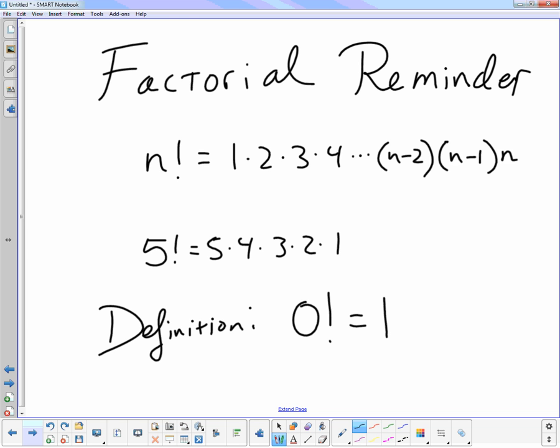Zero factorial is equal to 1, because we need something for that. I know, it's weird, isn't it? It just has to be something that we insert into our mathematical database. It doesn't have to make sense. Later on, I'll try and give you a better proof of it.